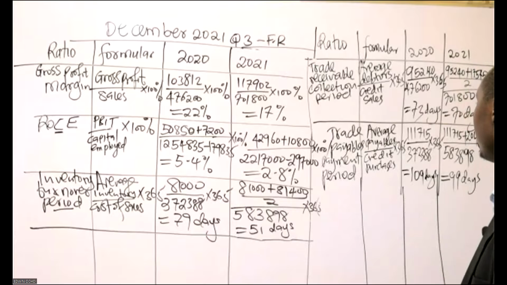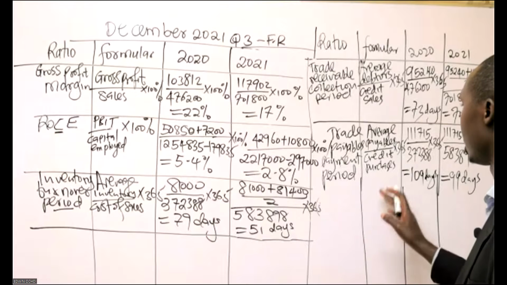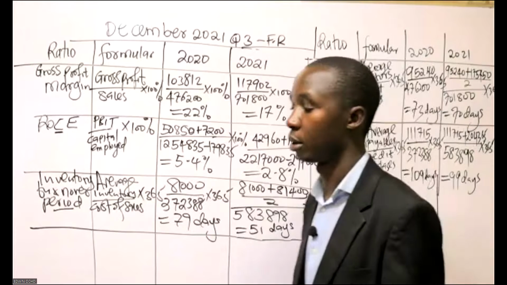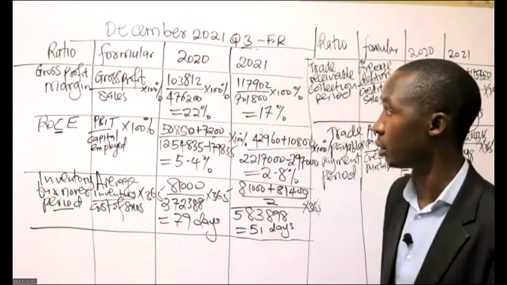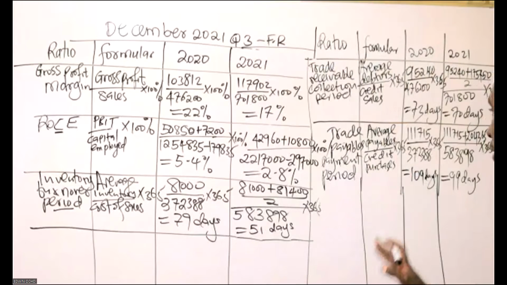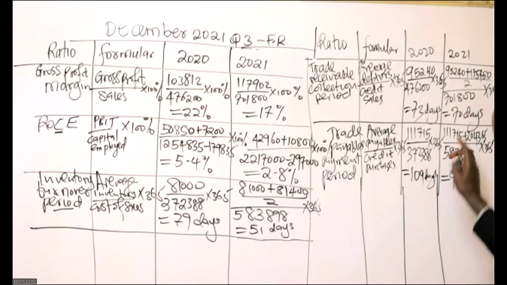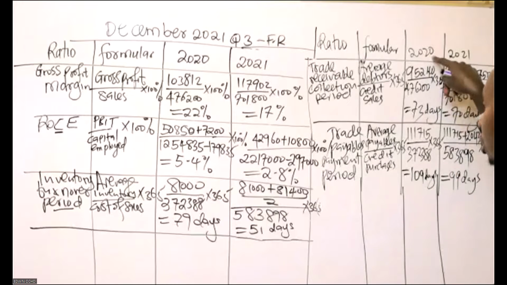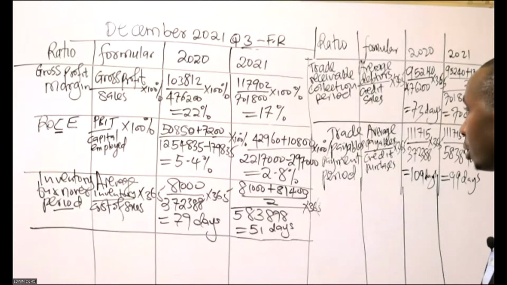See, the days are reducing. So meaning that in meeting our obligations as a company, we are not in a bad position, because we are paying our suppliers in a good way in the year 2021 compared to 2020, because these days are reducing.